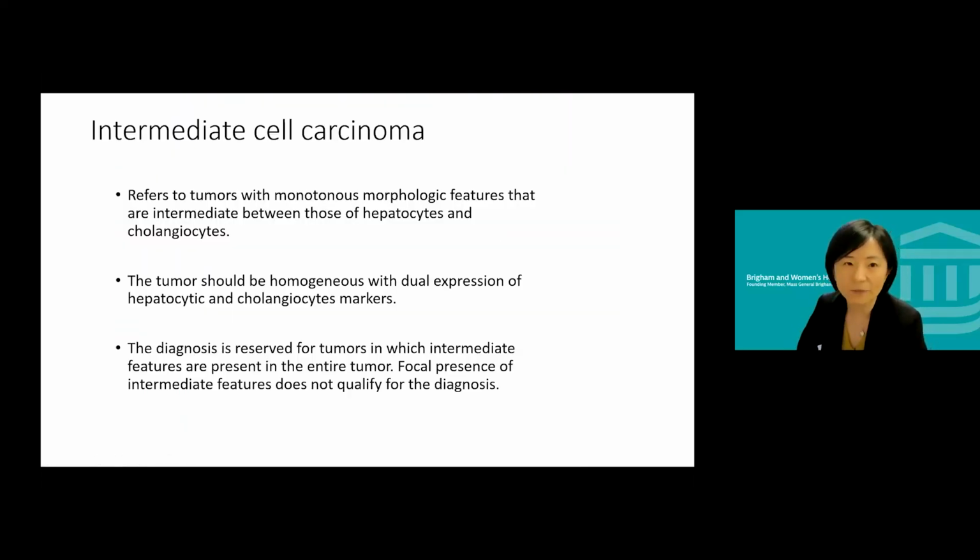The next concept that was new to the WHO 2019 is intermediate cell carcinoma. This is a very confusing concept, and I see very few studies on this particular topic. But this is meant to describe tumors with a more primitive appearance, but showing both hepatocyte and cholangiocyte lineage differentiation.